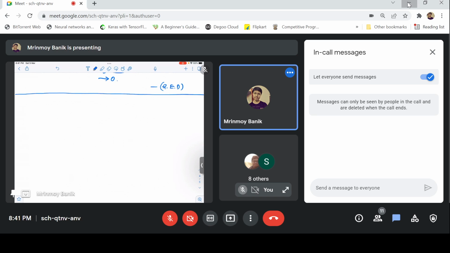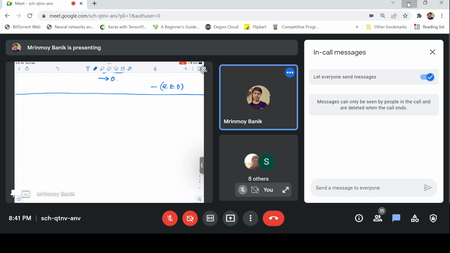So now what is I_1? Integral of sin x dx is minus cos x, from 0 to pi by 2, which is 0 minus (minus 1). So it's 1.